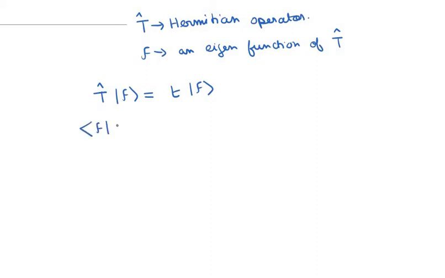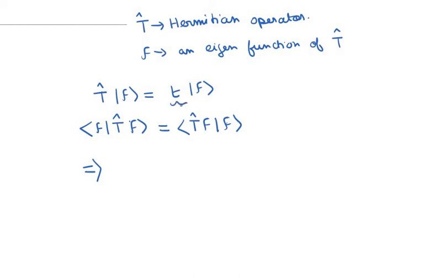the complex conjugate of this function f with Tf, and since this operator T is Hermitian, according to the condition which we discussed previously, this should be equal to (Tf, f), right? Now this implies that (f, Tf) is equal to (f, tf).